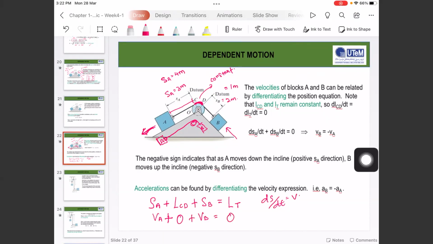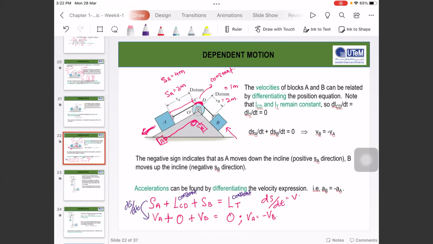Differentiate the total length, a constant, you will also get 0.